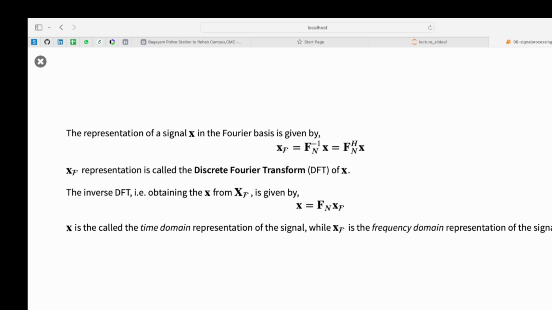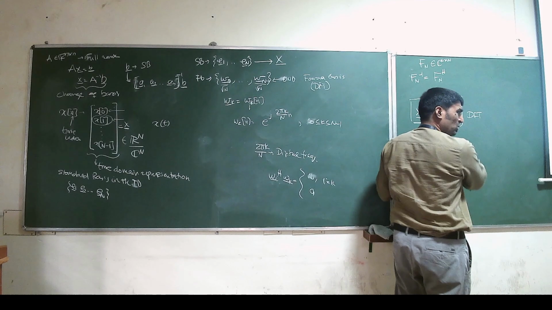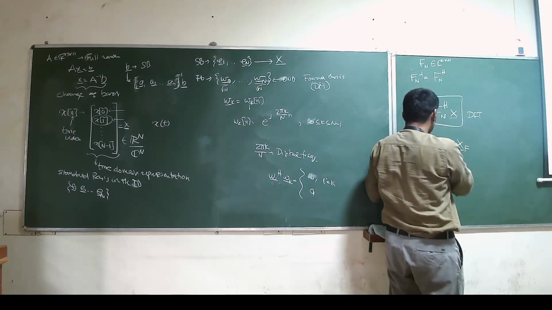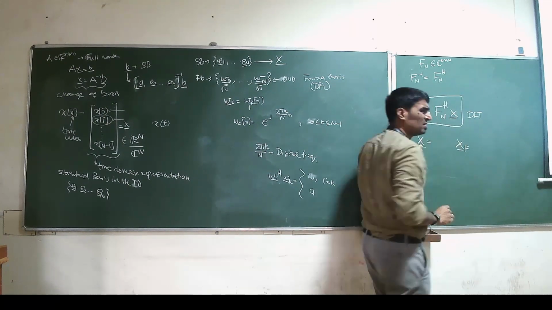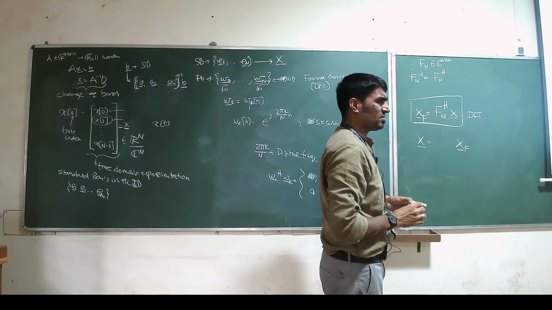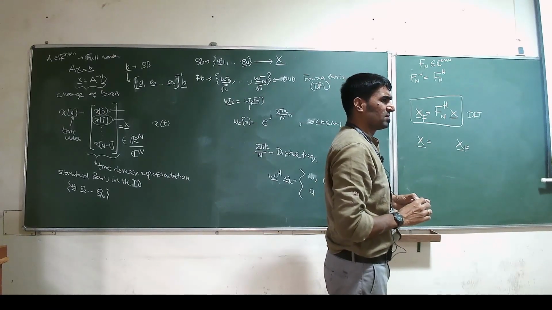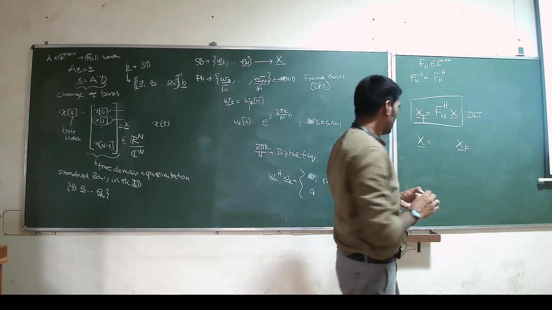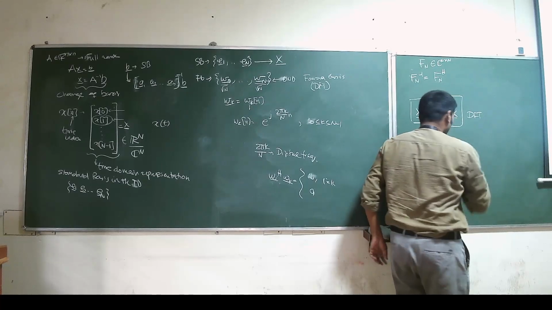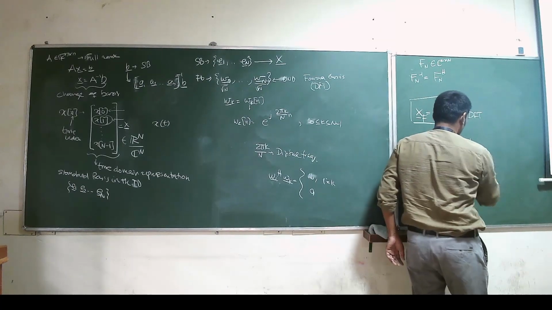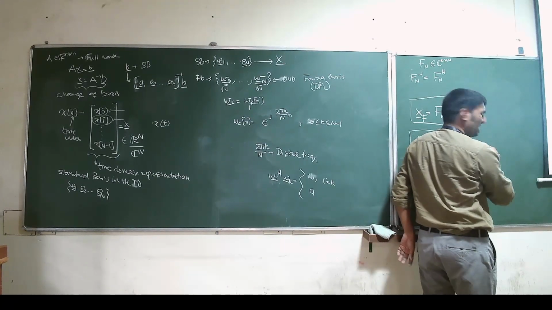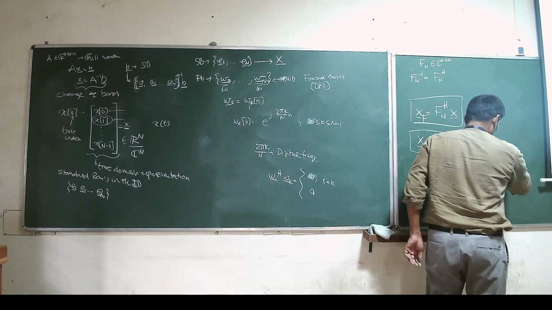And now if you have the Fourier representation and you want to get the time domain representation, what would you have to do? Yeah, you simply do Fn, right? And this is your inverse discrete Fourier transform.